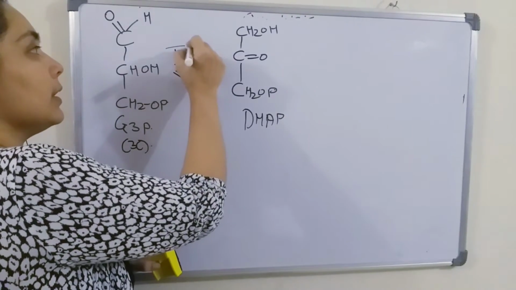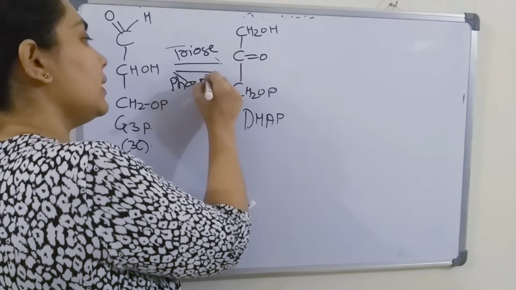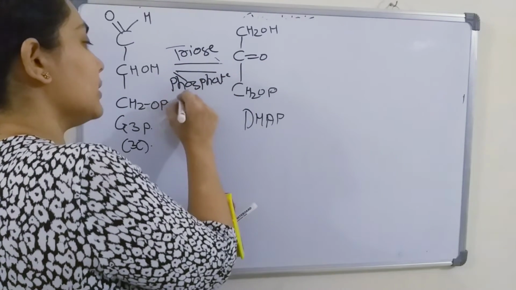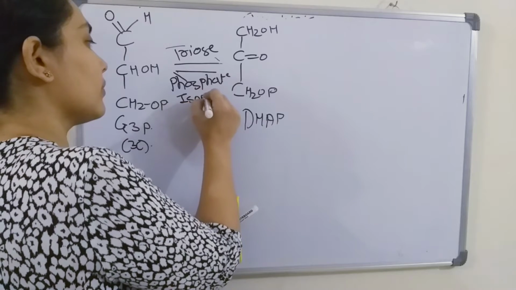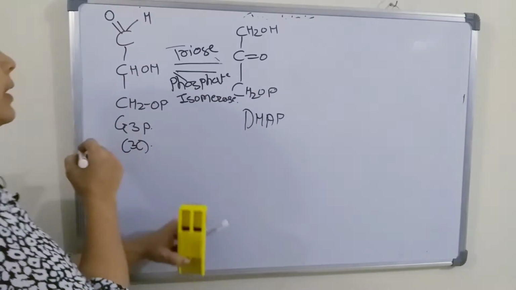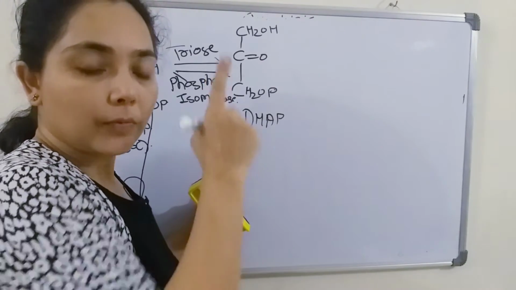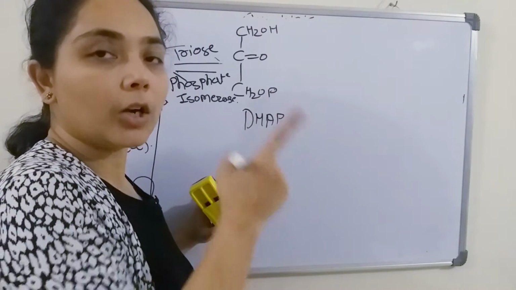The enzyme is triose phosphate isomerase, and earlier, the enzyme from where the splitting takes place is aldolase.